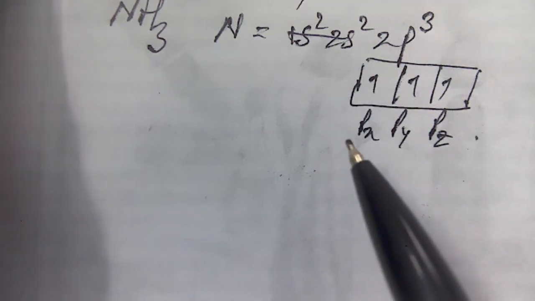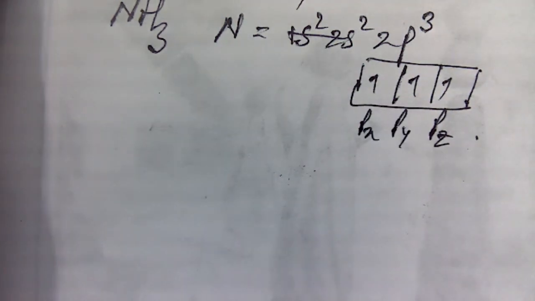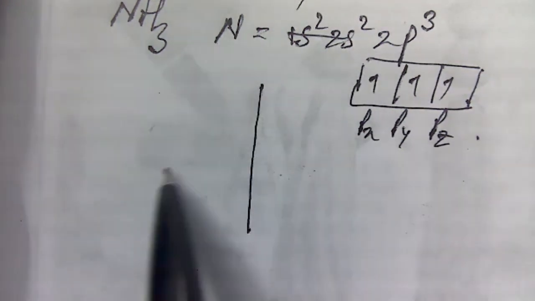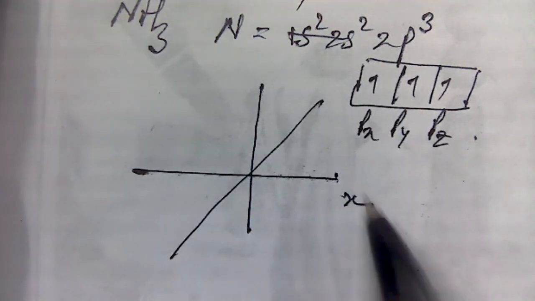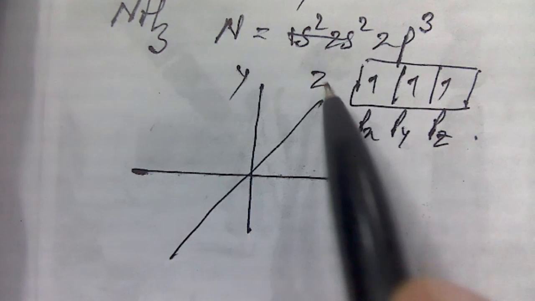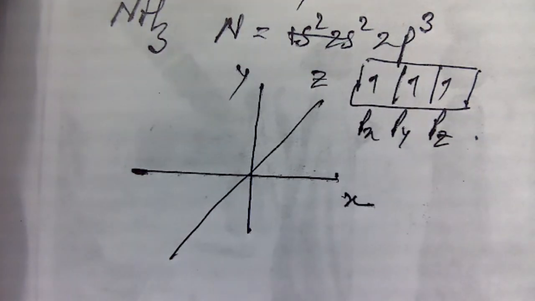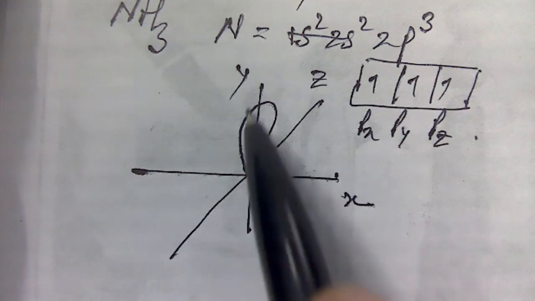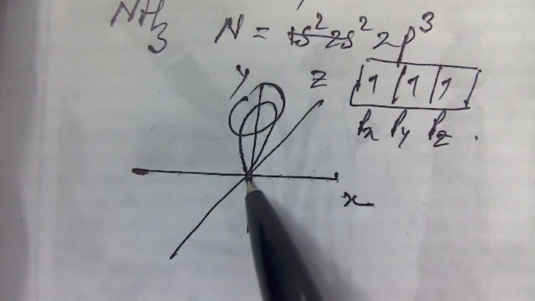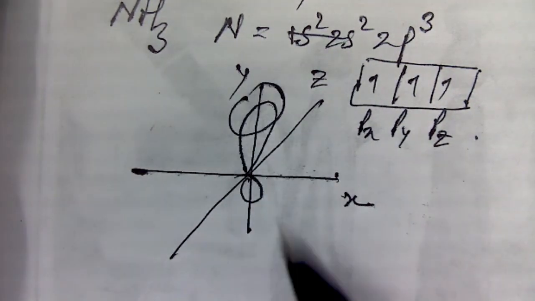When this overlaps, what will happen? The axes are along the x-axis, y-axis, and z-axis. This is the x-axis, then this I'll say y-axis. Z-axis is perpendicular. So the p orbital overlapping with this will give a smaller lobe, isn't it?